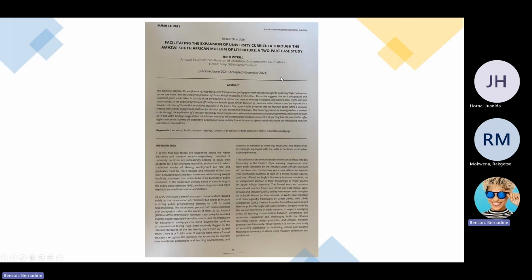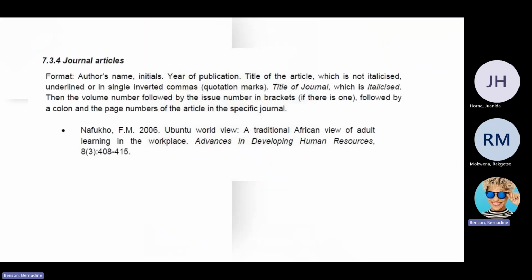Similarly, if I make use of something from chapter 1, then I will reference Viral, comma, space, big B, full stop, space, and then 2021. And let us look quickly at how a journal article is published.